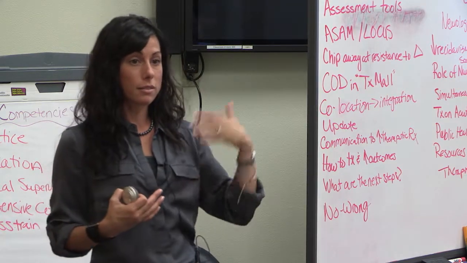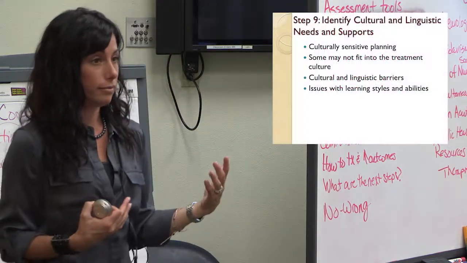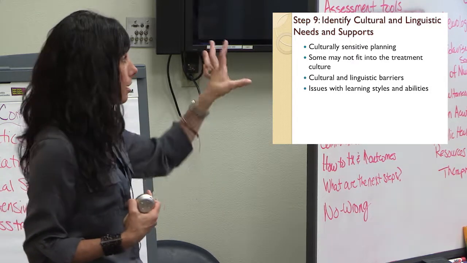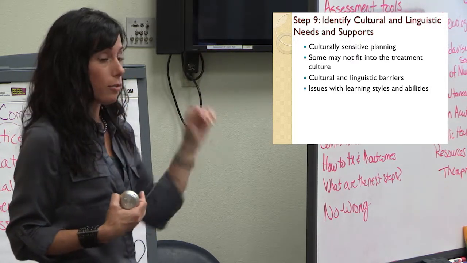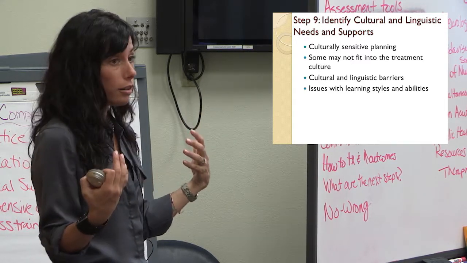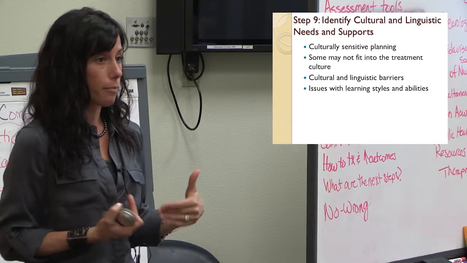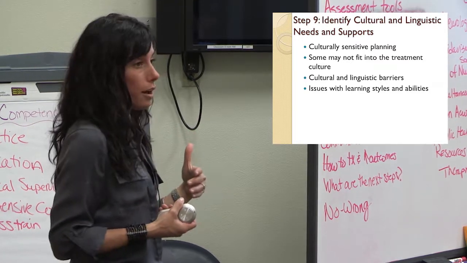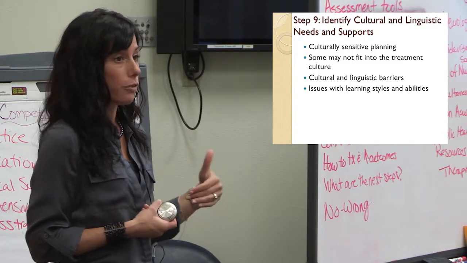So this takes some actual questioning to figure out what is most salient and significant for the individual. Because what may appear to be important because it's overt may not necessarily be important to them. So really getting an idea of what is going to be the most important and salient for this individual to address in treatment.